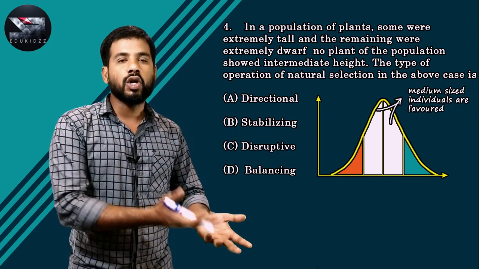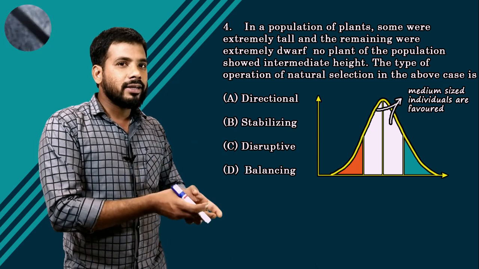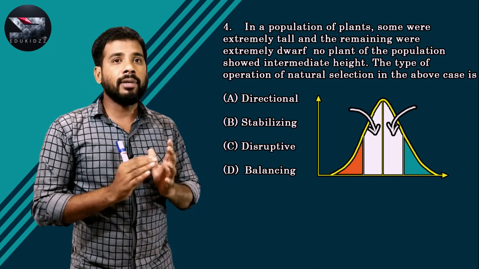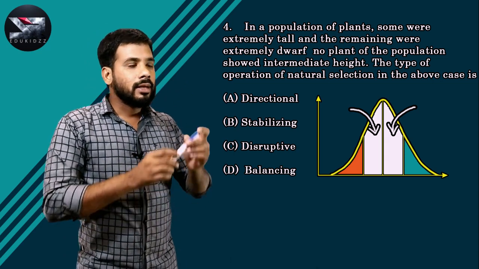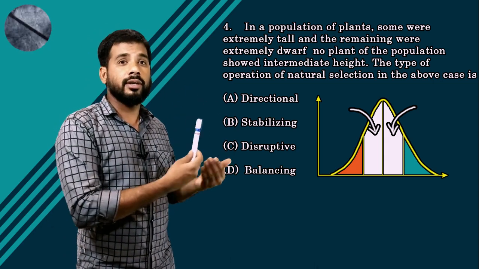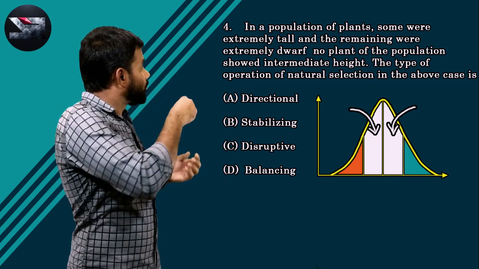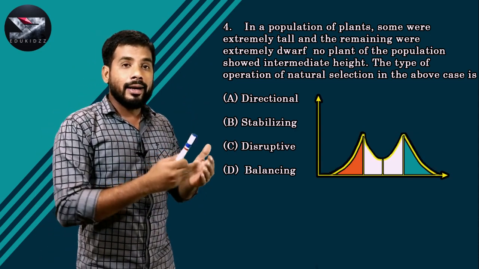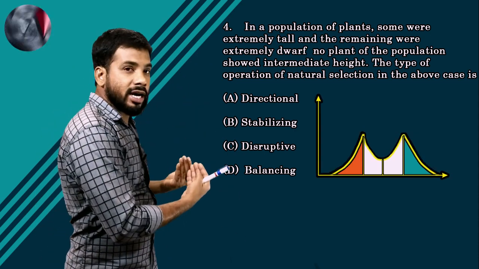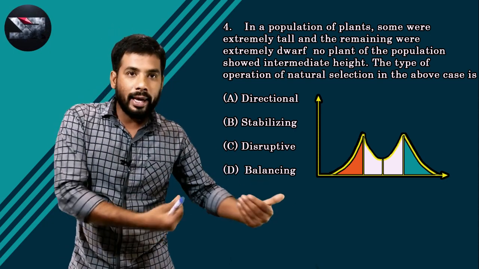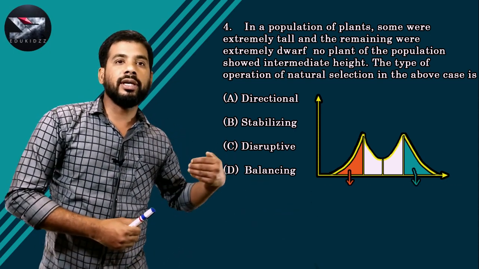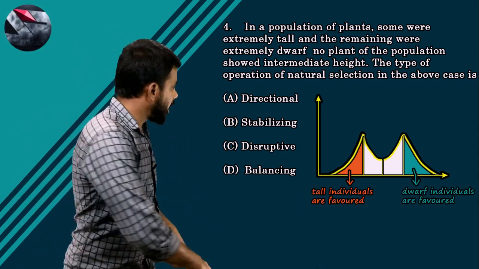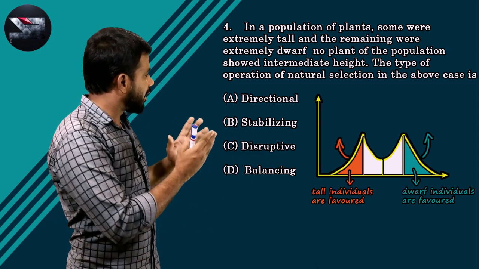If the natural selection operates in a way that is not supporting the individuals that are in the medium height, now what happens? The curve disrupts. That means that medium sized individuals population decreases, and at the same time as the environment or nature support the 2 extremes, that means the very tall and the very dwarf, now their population gradually increases and the curve looks like this.